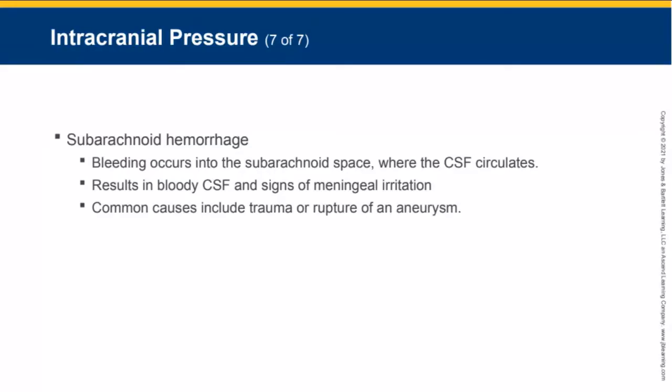So they will get severe headache. They can also present with vomiting. So subarachnoid hemorrhage, bleeding occurs into the subarachnoid space where the CSF circulates, results in bloody CSF and signs of meningeal irritation.